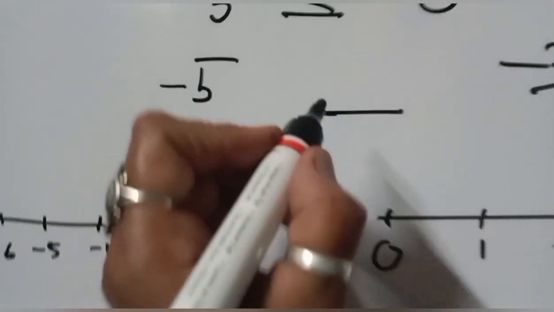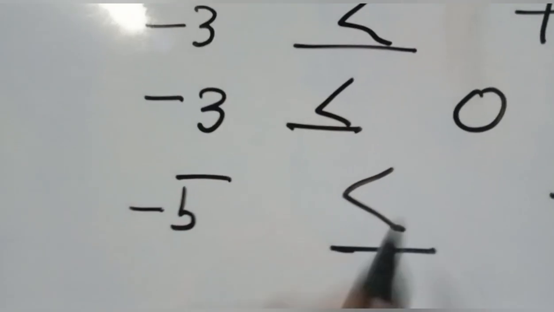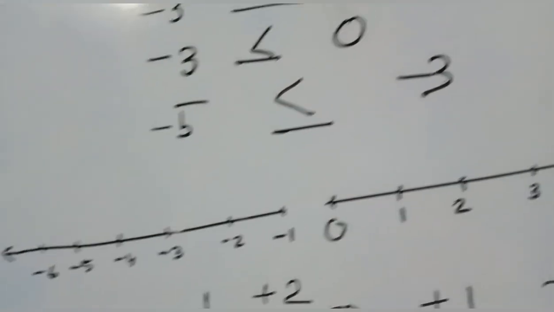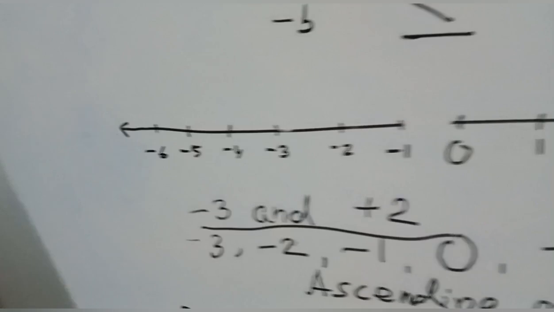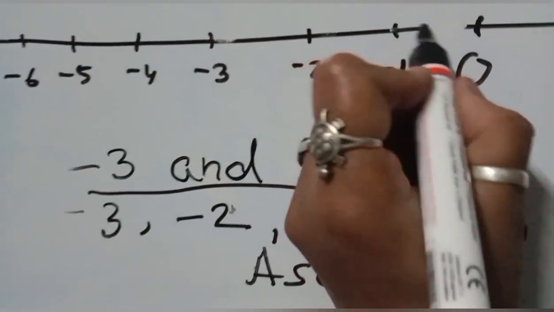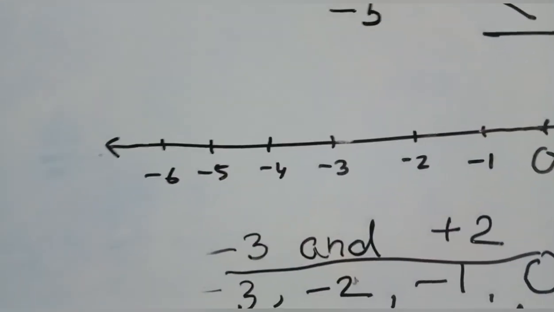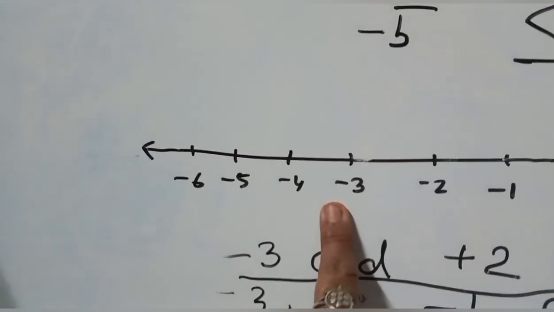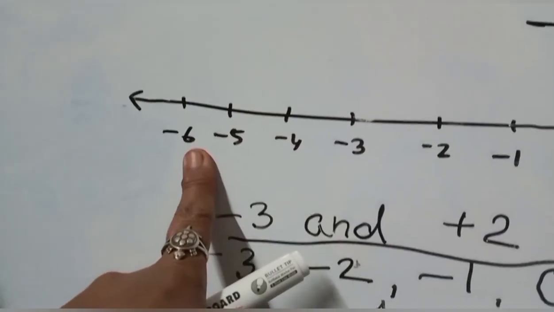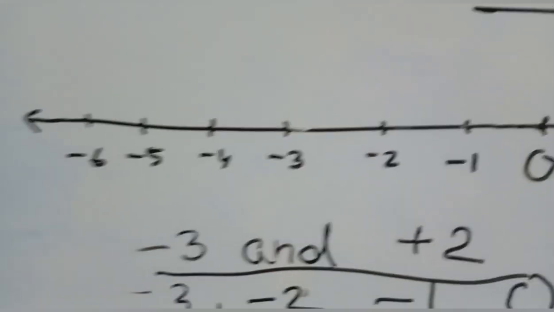Always remember that when two negative values are given, numerically the number which is less is greater. Why? Let us look at the number line. 0, minus 1, minus 2, minus 3. Minus 3 is greater. Minus 4, minus 5. Minus 5 is much lesser than minus 3.